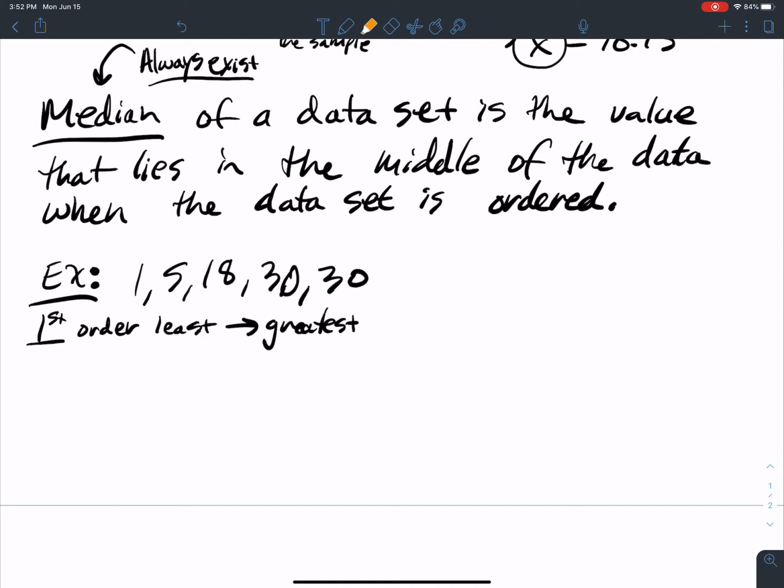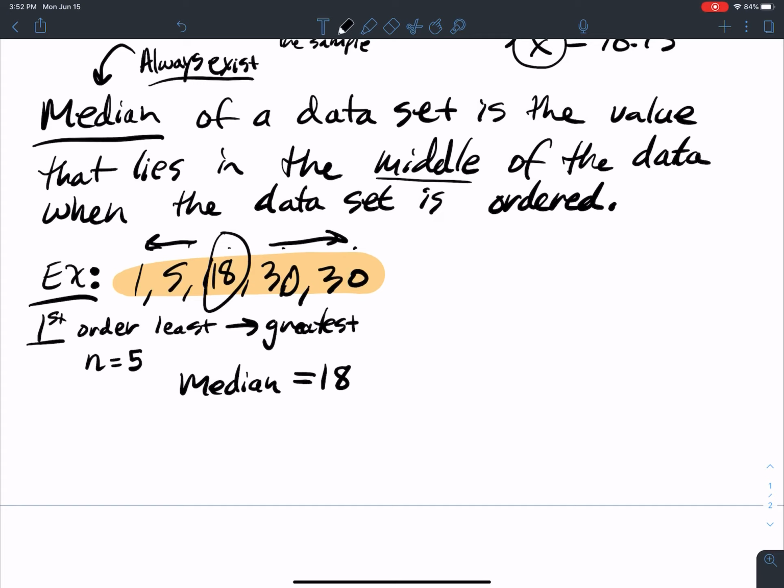Well, it's already done for us here. So now that I've ordered it from least to greatest, pick the one that lies in the middle. What lies in the middle? Well, there are 1, 2, 3, 4, 5, so there are n equal to 5 data points. So I just look and I see, okay, 18 looks like it's the one in the middle. There's 2 on the left, 2 on the right. So yeah, 18's in the middle. So the median is equal to 18.